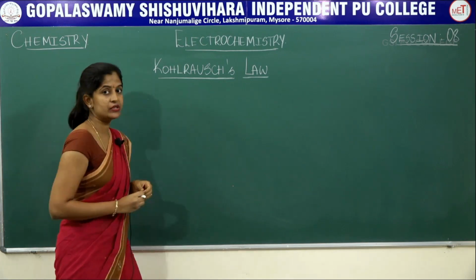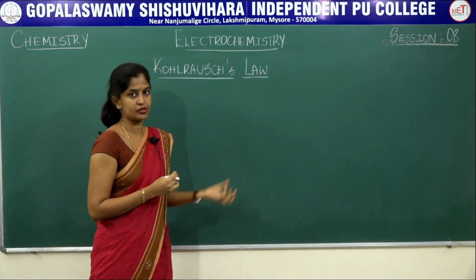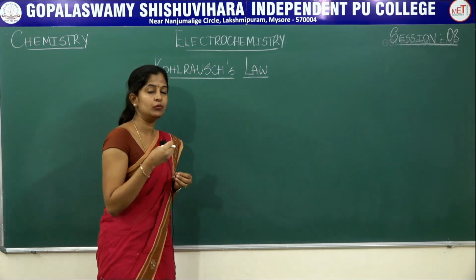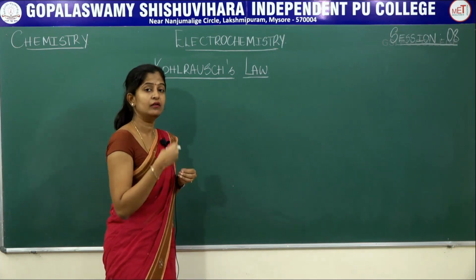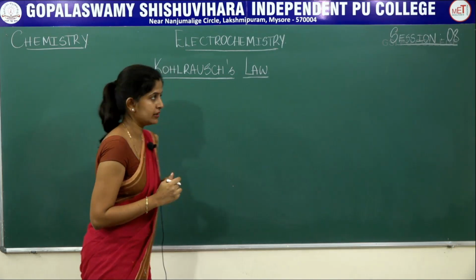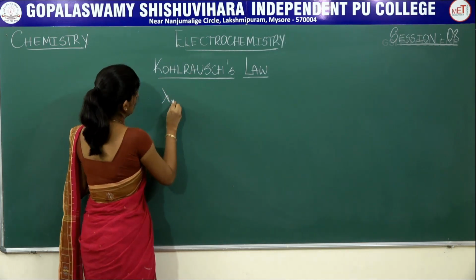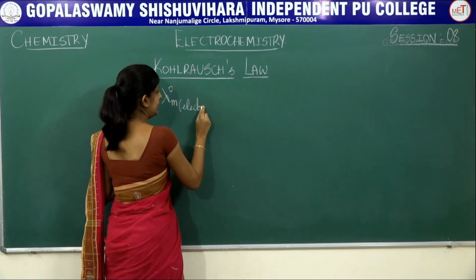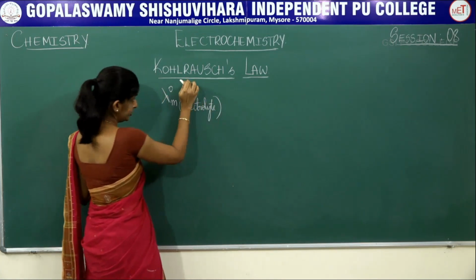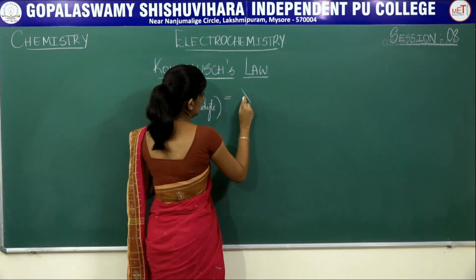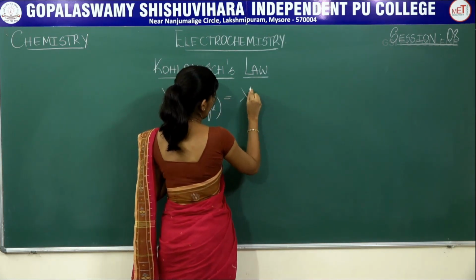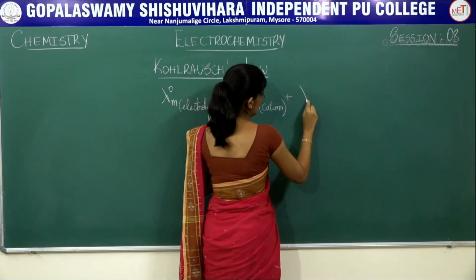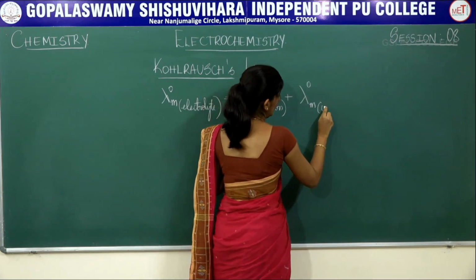Kohlrausch's law mainly deals with the limiting molar conductivity of both strong and weak electrolytes. More importantly, it deals with calculating the limiting molar conductivity of a weak electrolyte with the help of a strong electrolyte. Say lambda m naught or lambda m infinity of an electrolyte, according to Kohlrausch's law, is equal to lambda m naught of cation plus lambda m naught of anion.